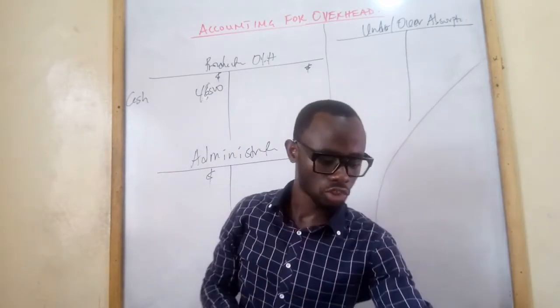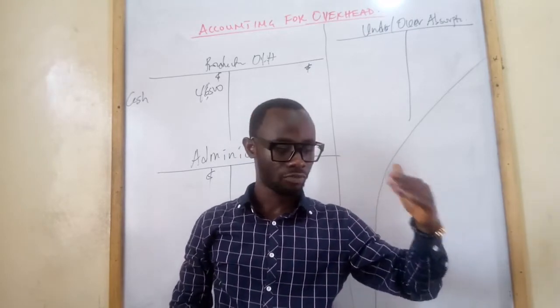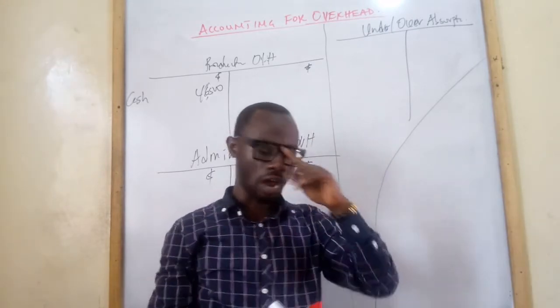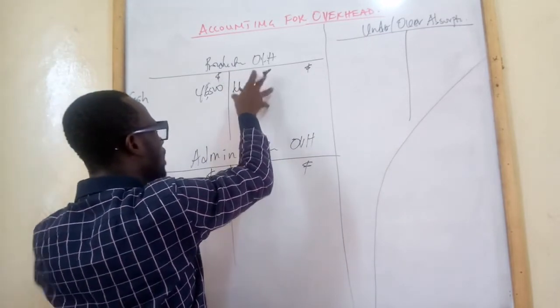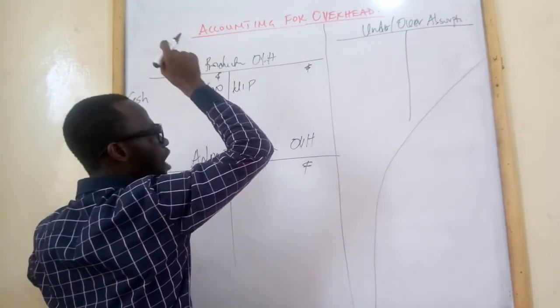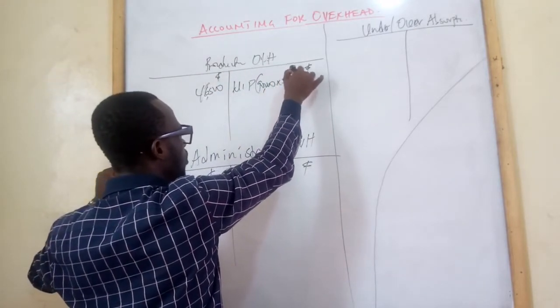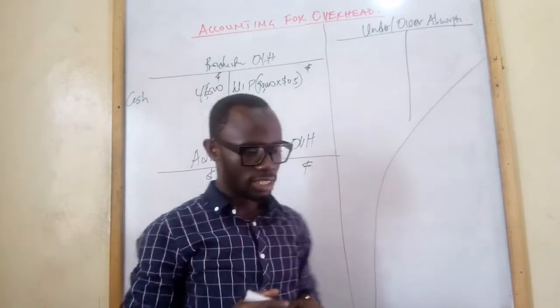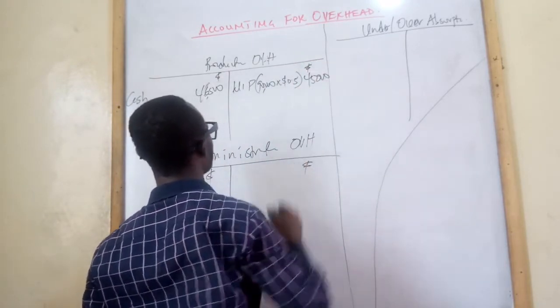Why? Because we are told that production overheads are absorbed at 0.5 per the operating hours. So work in progress will take a share of this production overheads, and that's going to be 90,000 by $0.5, which is 45,000.